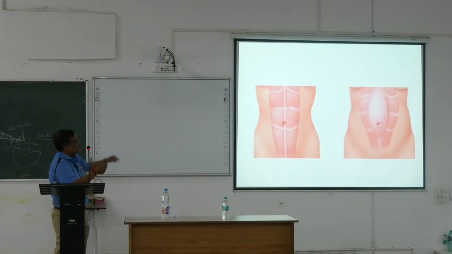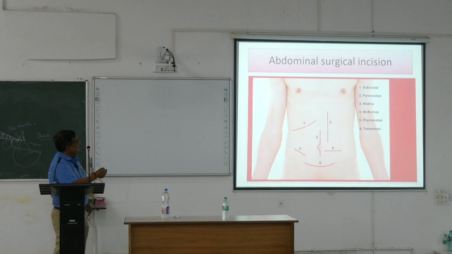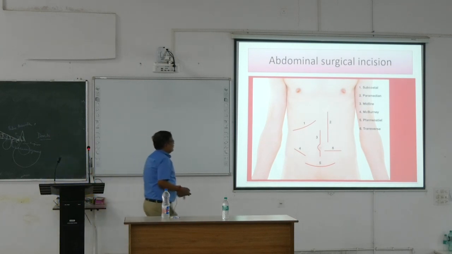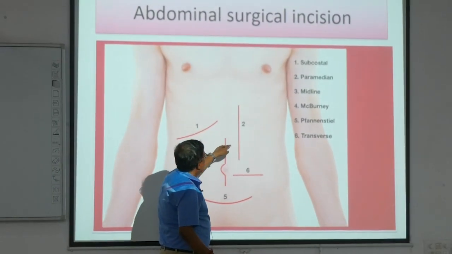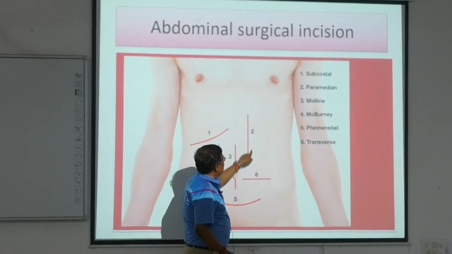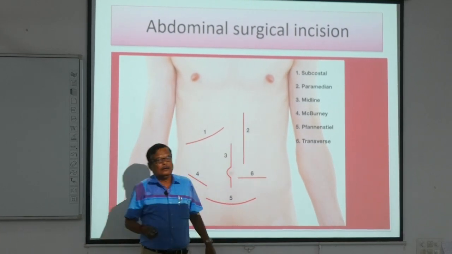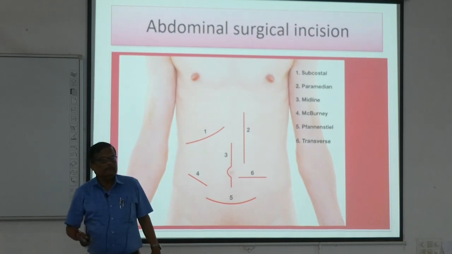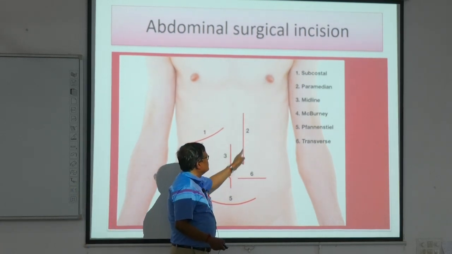This is the divarication of the rectus. Different abdominal surgical incisions you have. This is the medial incision. At the medial incision, there are different incisions.